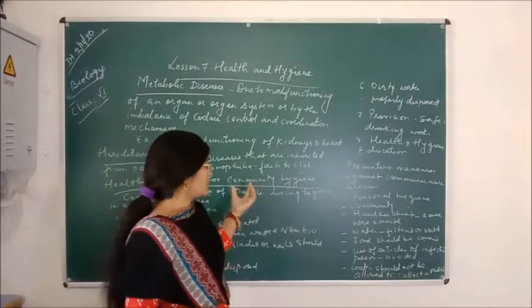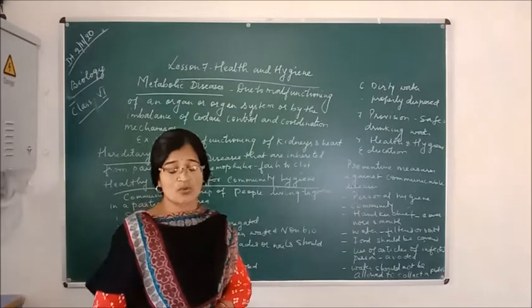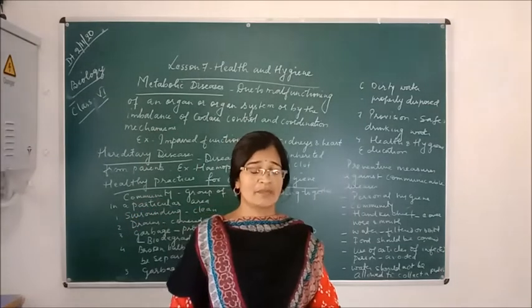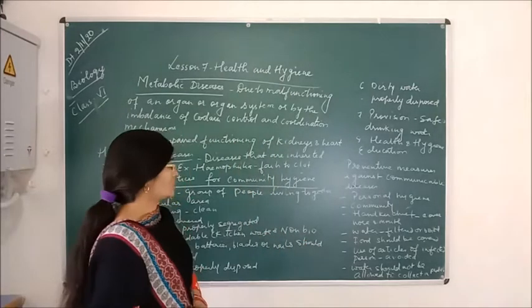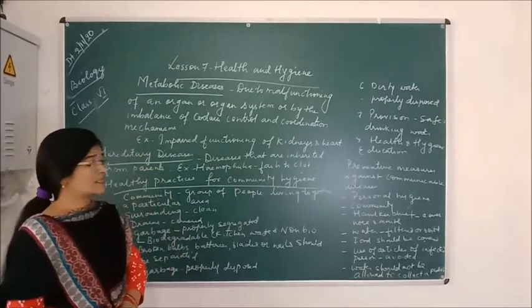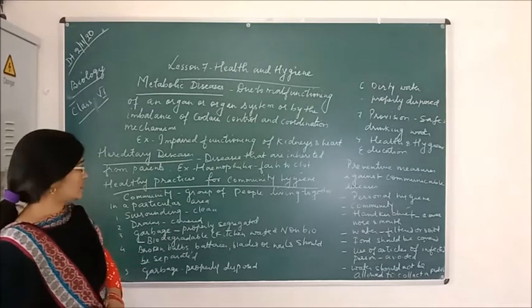But in the case of hemophilia, the blood fails to clot and continuous bleeding takes place, due to which the person can die also. So this kind of disease is called a hereditary disease. These are always passed from parents to their children.